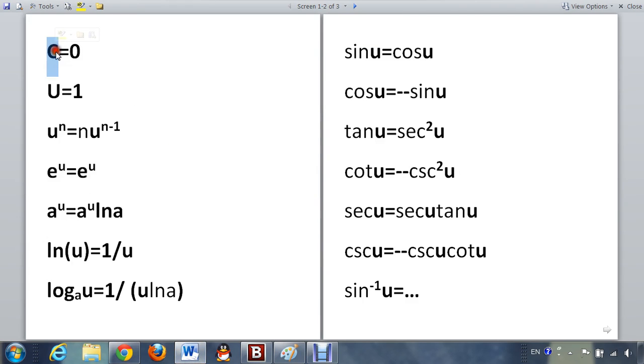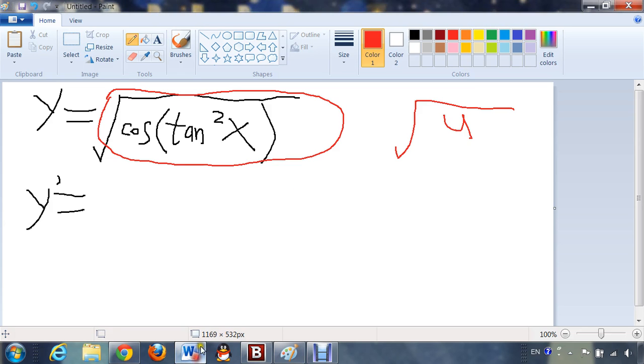Look here, we have constant, we have just u, we have u to the power, e to the power, a to the power, and ln u, and those are all the trig derivatives. So now we didn't find any rules that match this expression, right?